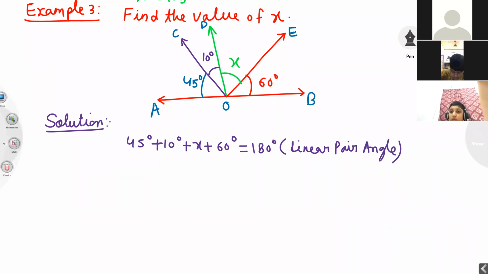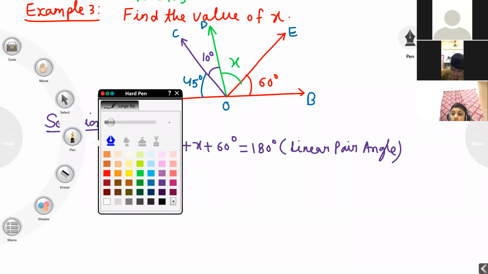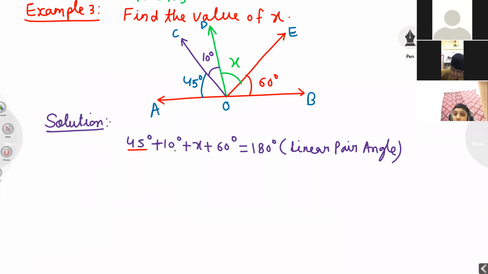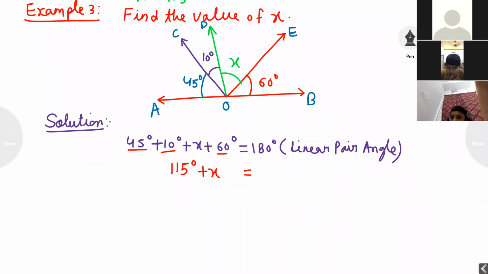Now I want to add first all constants. 45 plus 10, 55. 55 plus 60, 115. Plus x is equal to 180 degrees.